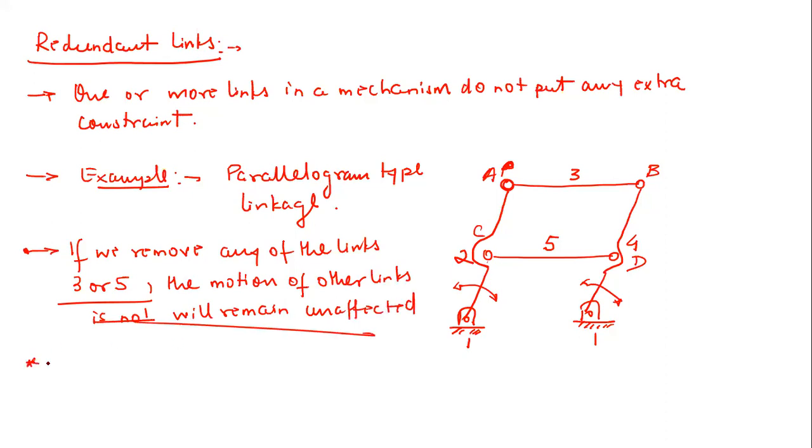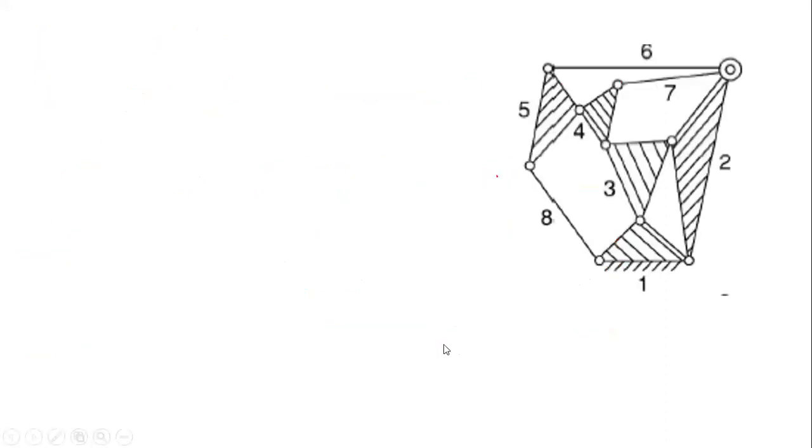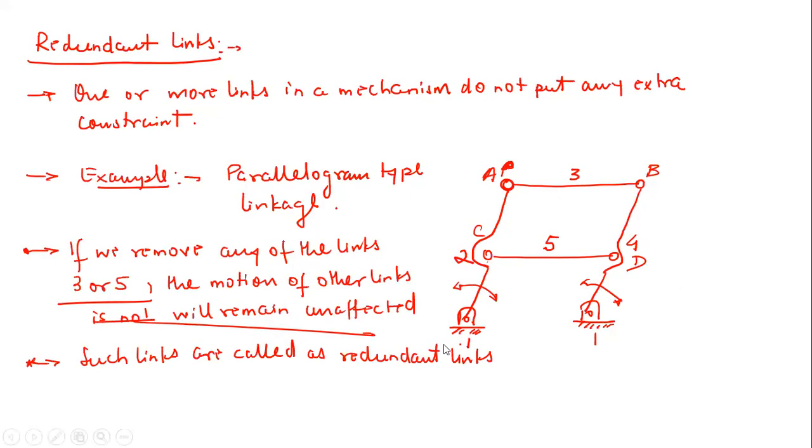So you can say link 3 is a redundant link or you can say link 5 is a redundant link. So such links are called redundant links, right?